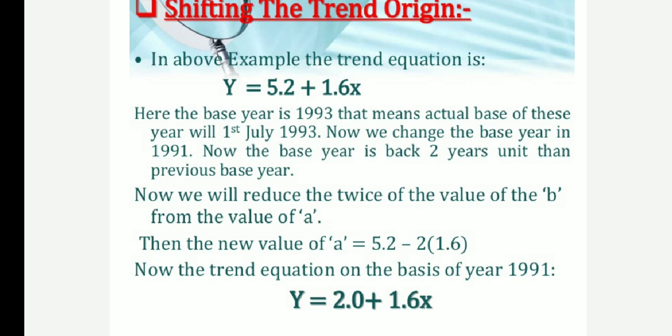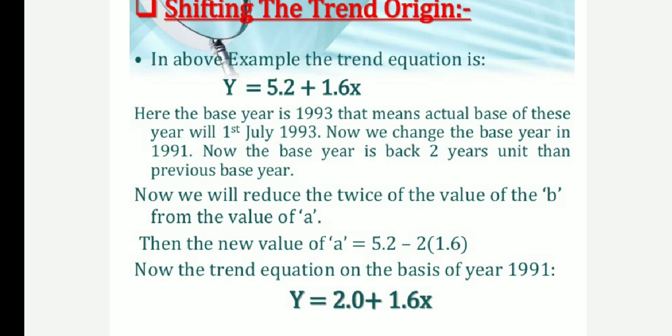Now we will reduce twice the value of b from the value of a. Then the new value of a equals 5.2 minus 2 into 1.6. 1.6 is the b value, and between 93 and 91 there is a 2-year gap, so we multiply this by 2.